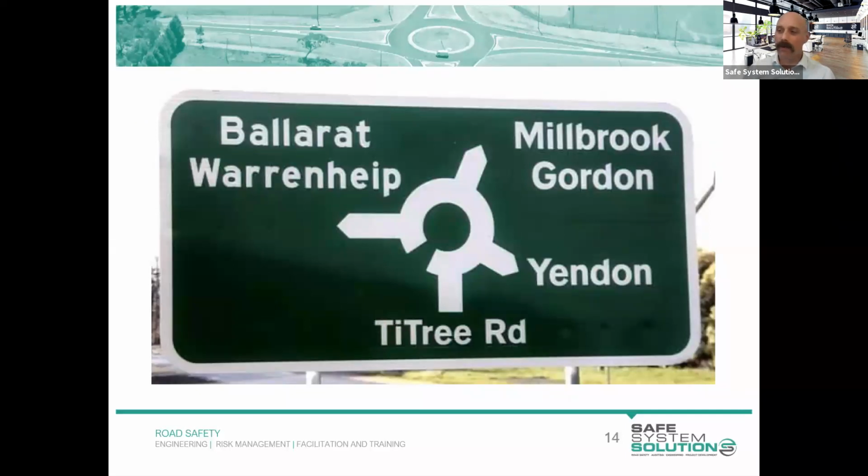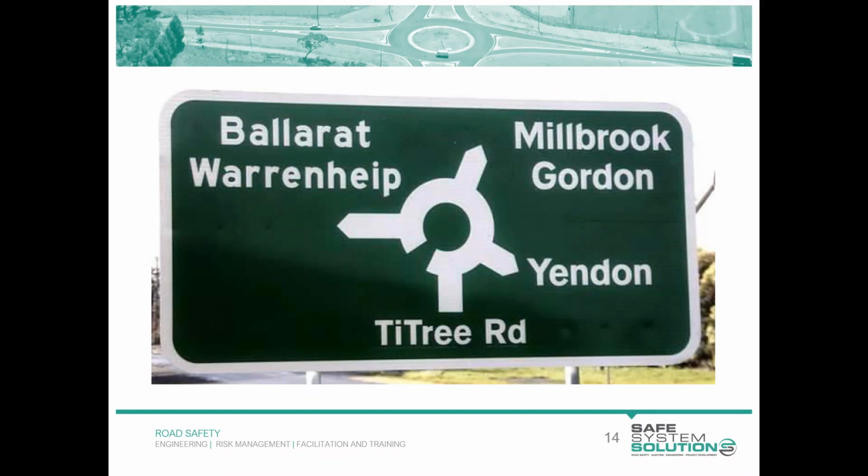Kathy, did anybody put in any concerns they had with this directional sign? Yes, we had some responses, but I think Andrew's got it. The broken part of the circle should be to the right of the bottom leg, not to the left, because turning right into the circulation is not an option.